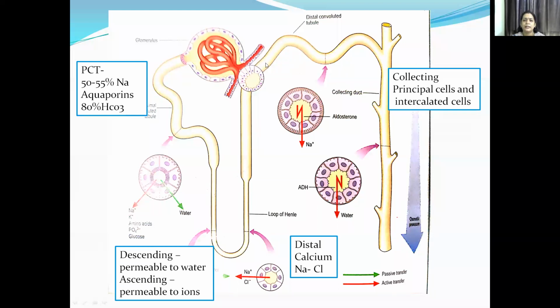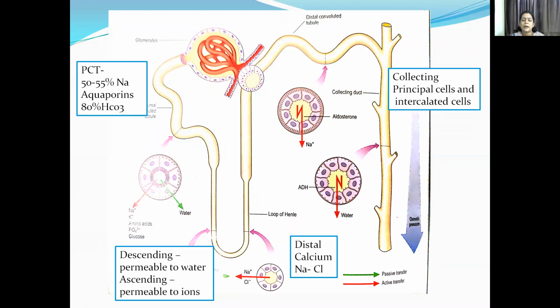Then the distal convoluted tubule enters the collecting duct, wherein the collecting duct has two important cells, that is the principal cells and the intercalated cells. The intercalated cells help in the acid-base balance, and the principal cells are relatively permeable to water. Whenever there is secretion of aldosterone, the intracytoplasmic vesicles fuse together and form the aquaporins, and then there is water reabsorption happening here.